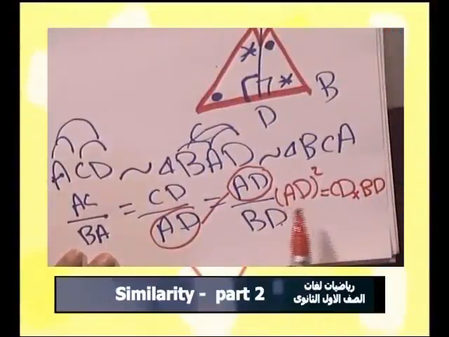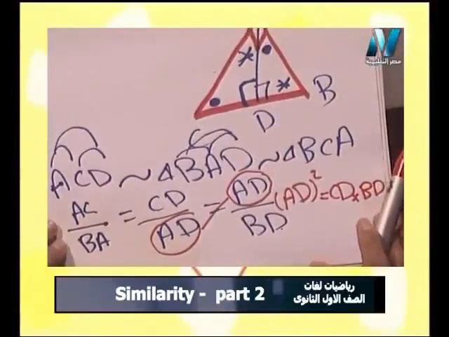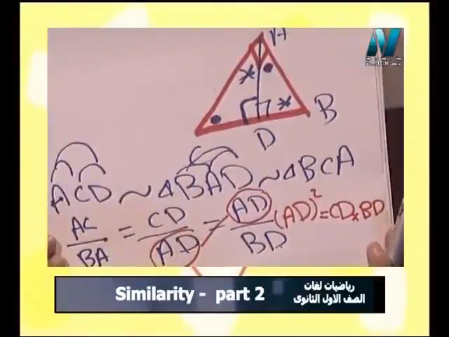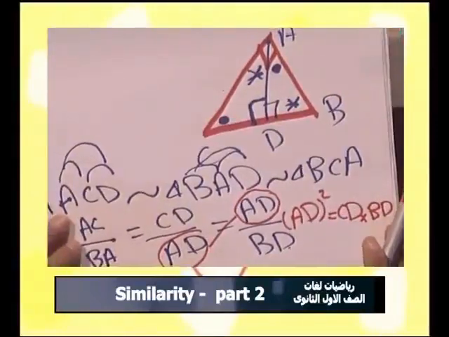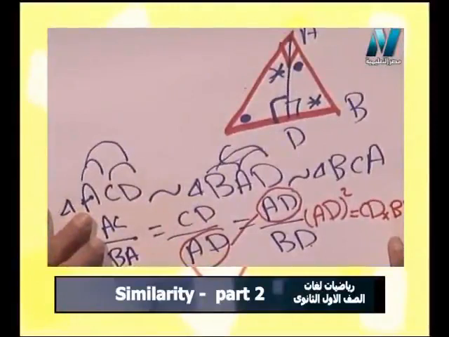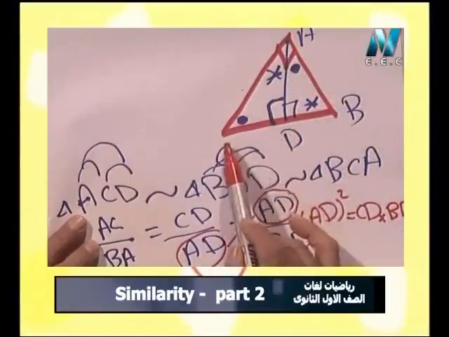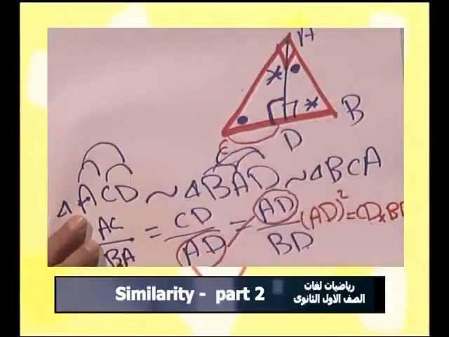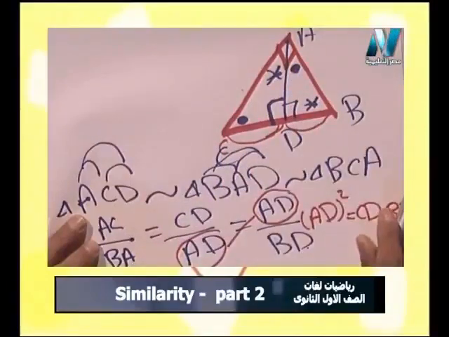When we look here at the figure, we have AD power 2 equals CD times BD. Do you remember, my dear students, this was called in primary 2 the Euclidean theorem?